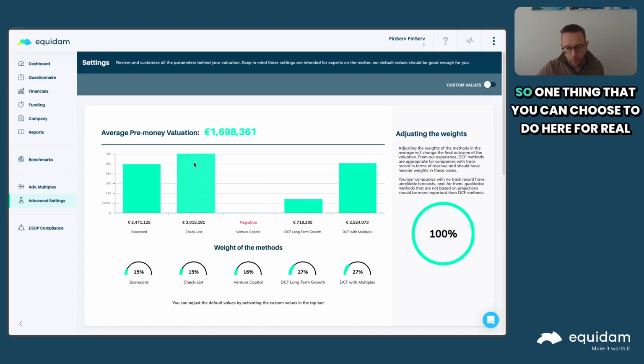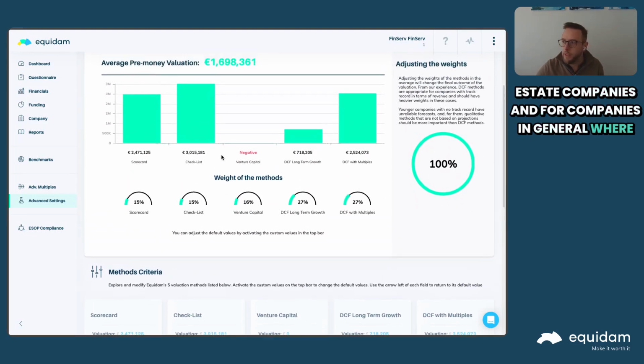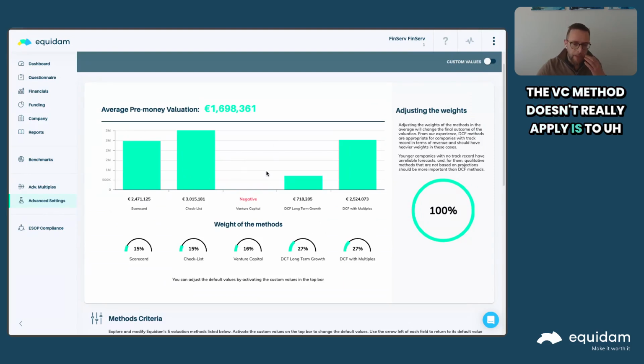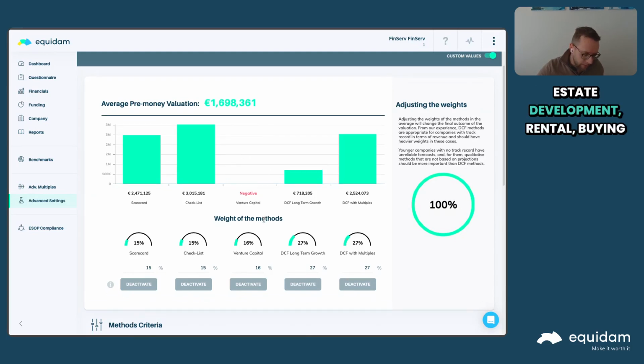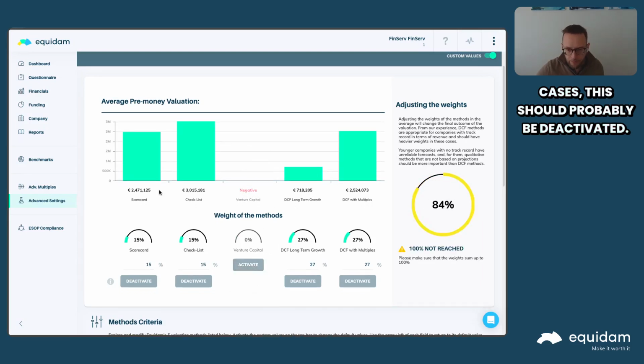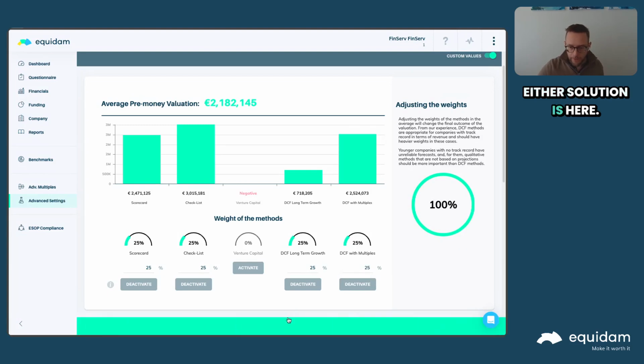One thing you can choose to do for real estate companies, and for companies in general where the VC method doesn't really apply, is to remove it. If the company does real estate development, rental, buying and selling of properties, in 90% of the cases this should probably be deactivated. Then we can distribute the weight of the VC method into the other methods, or just go 25% on each method. Either solution is valid.